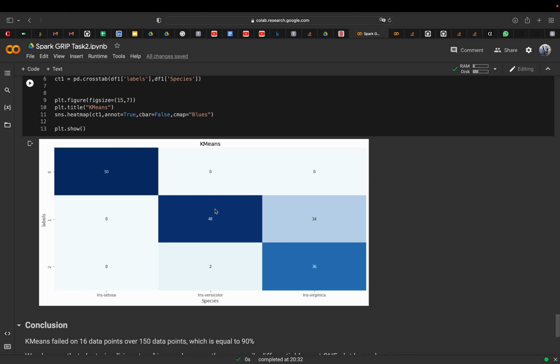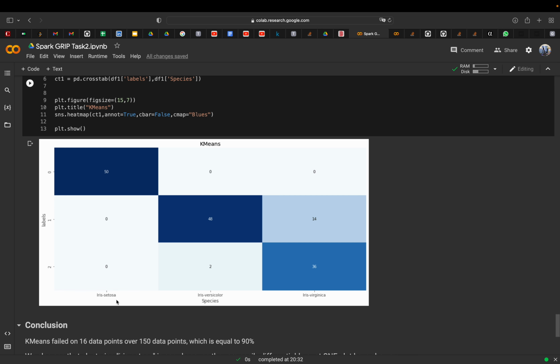Based on this cross tabulation, we realize that k-means failed on 16 data points, because here we have 2 data points for iris versicolor that are predicted wrongly, and then 48 that are well predicted, and for iris setosa we have 50 that are well predicted.